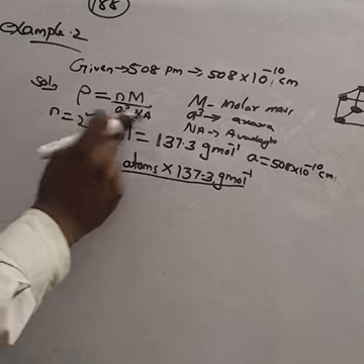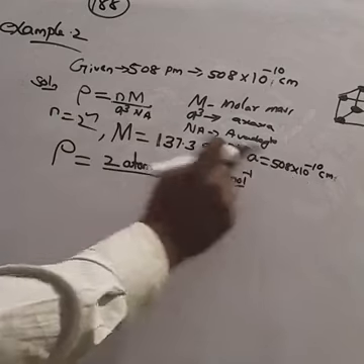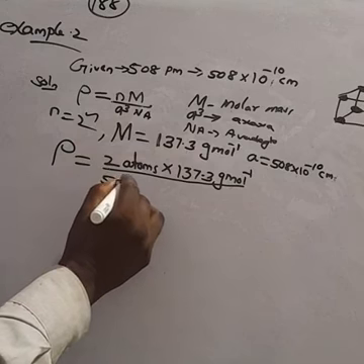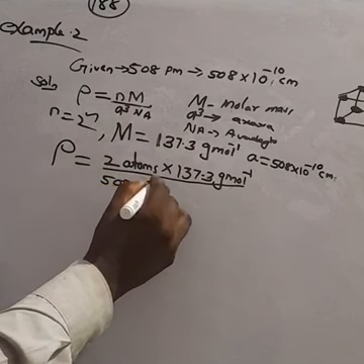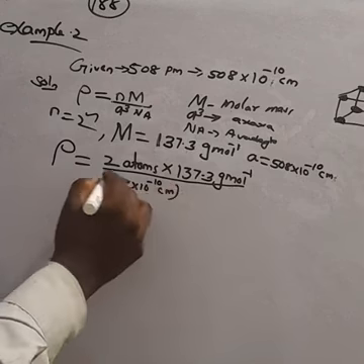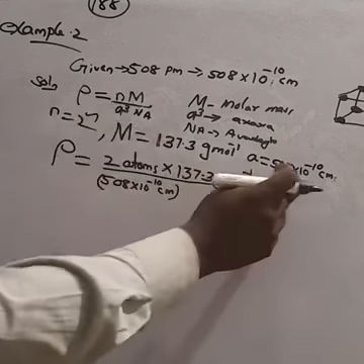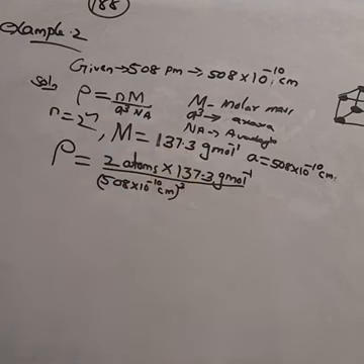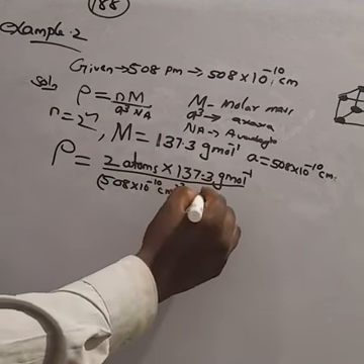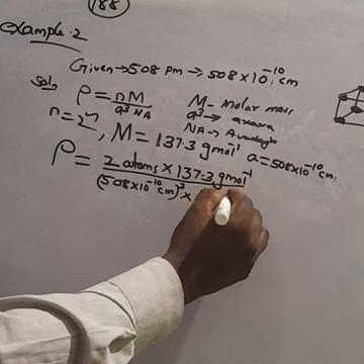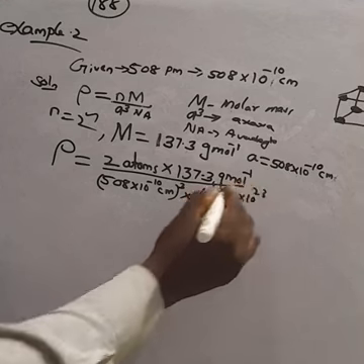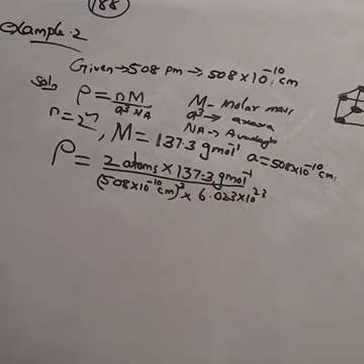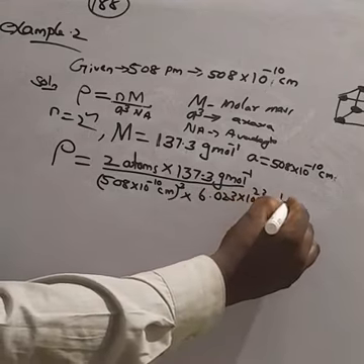A value as per the formula A cube, A is given as 508 into 10 raised to minus 10 centimeter cube, because picometer is converted into centimeter. A cube, so make it cube. And Avogadro number 6.023 into 10 raised to 23 atoms mole inverse.